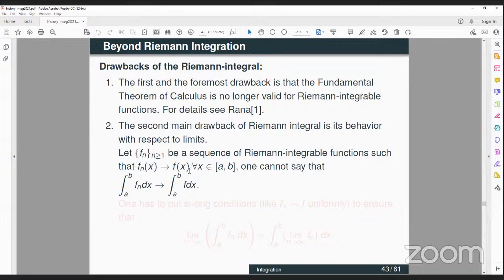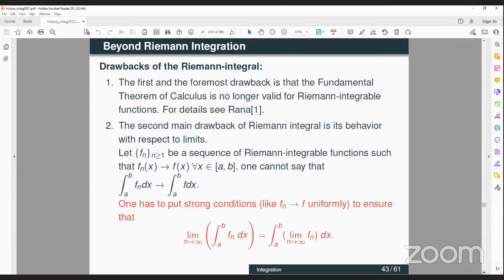And you can also construct examples where f_n's are integrable converging to f, which is also integrable, but the integrals don't converge. So in some sense, you are not able to interchange the integral and the limit operations. One has to put strong conditions. We proved a theorem, namely, if f_n converges to f uniformly, then this is possible. So these are the drawbacks of Riemann integral.